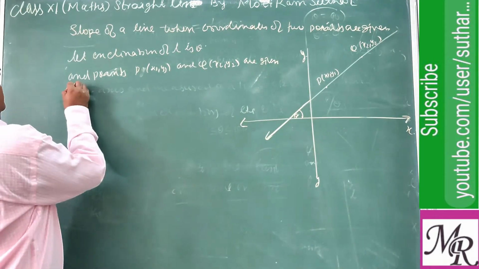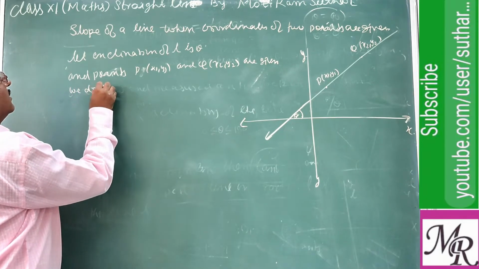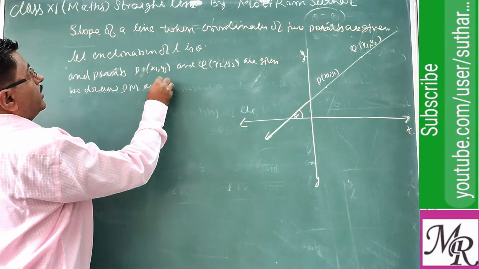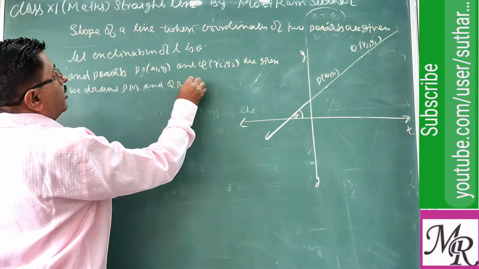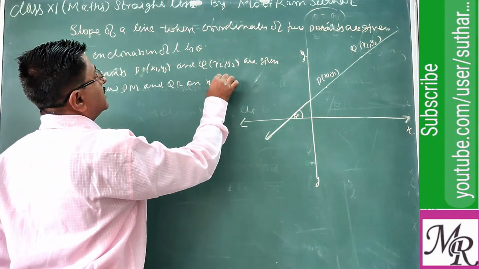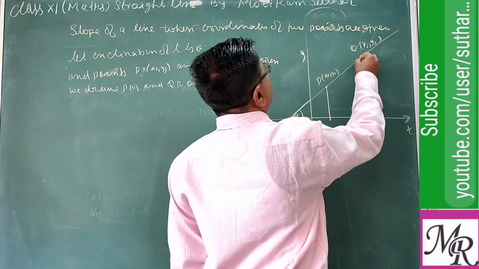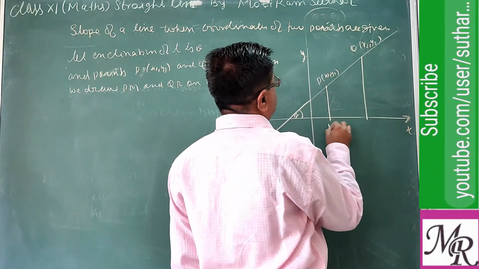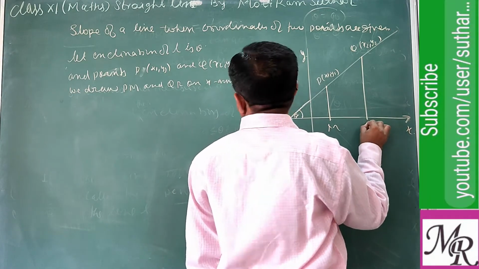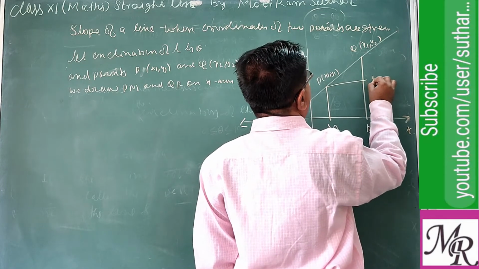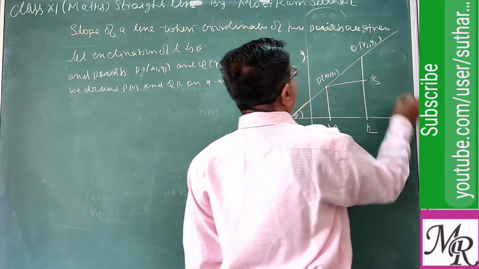Now we draw perpendiculars PM and QR on the x-axis from these 2 points.